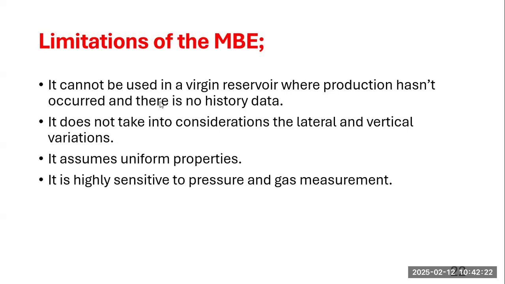It does not take into consideration the lateral and vertical variations. You remember we said that the reservoir characteristics are taken as averaged, the same all through the reservoir. So it doesn't account for lateral variations and vertical variations.